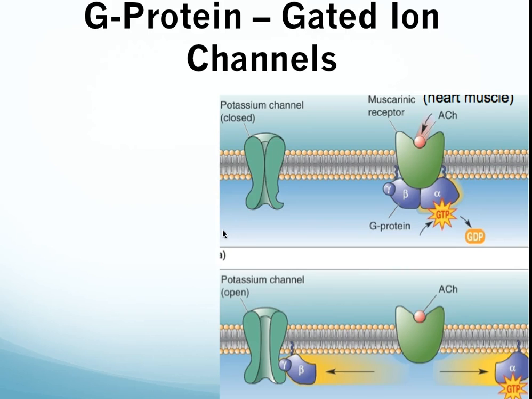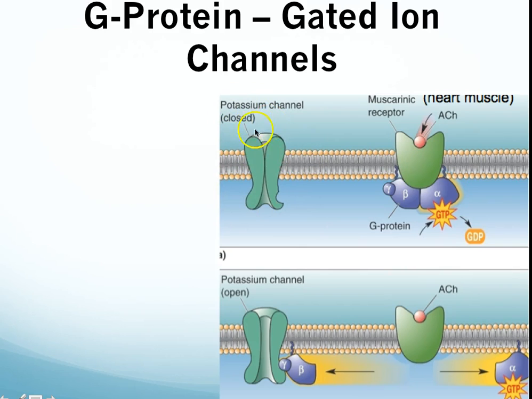So, G-protein gated ion channels represent the least complicated mechanism of G-protein activation, and this basically is when activation of a G-protein will cause the direct activation or inactivation of an ion channel that's next to it. So you can picture a cell membrane like this where we have a GPCR, a receptor here that's a G protein coupled receptor, and we have another ion channel next to it.